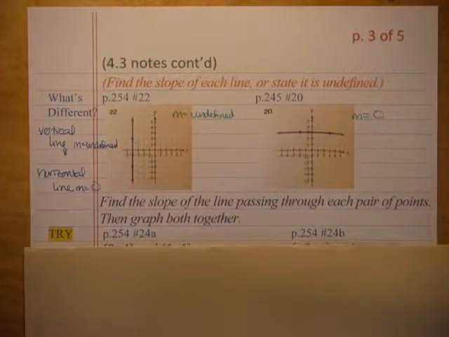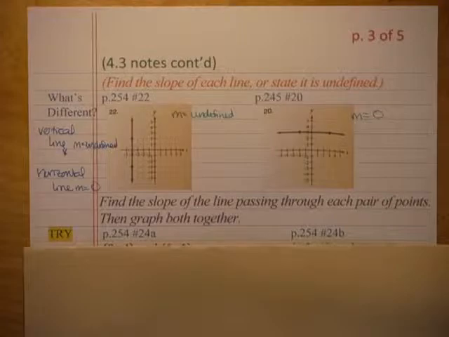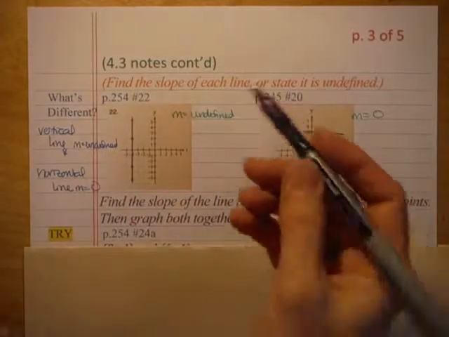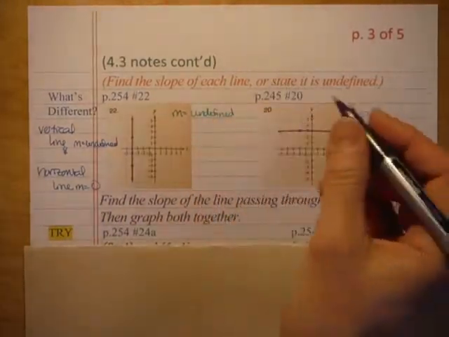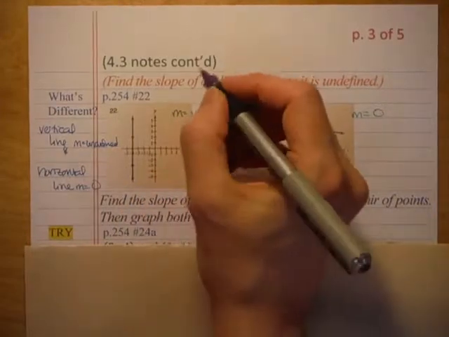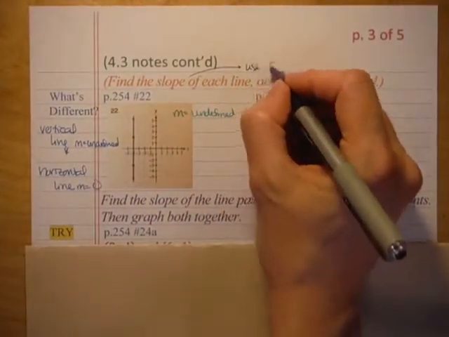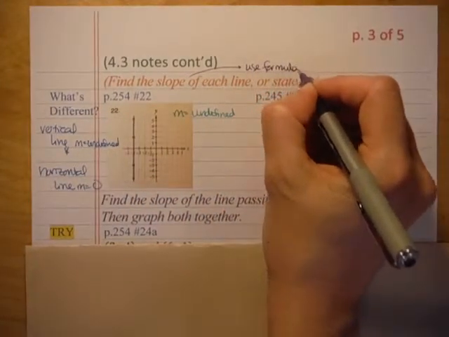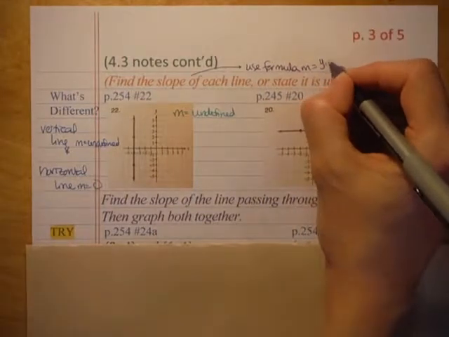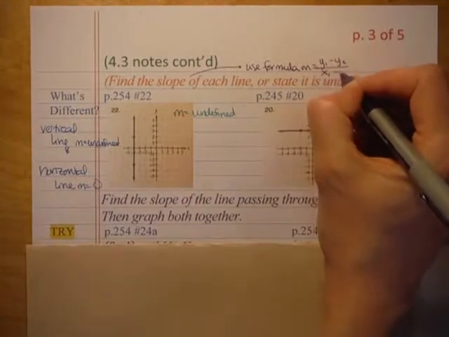However, for the benefit of those that are maybe skipping around in the video, or it hasn't quite sunk in yet, or now you're ready to absorb this information, let's look at this from just the method that we're doing here. There are two ways to find slope. You can use the formula m equals y1 minus y2 over x1 minus x2.